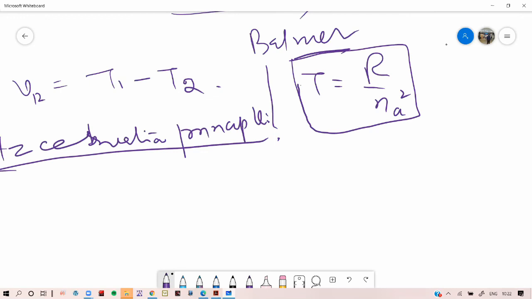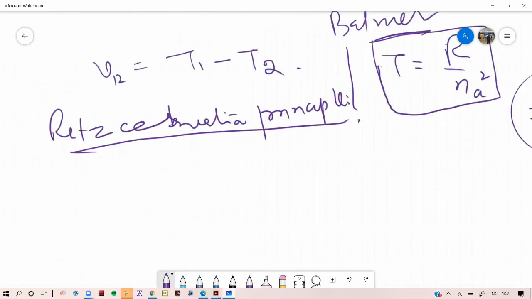This is called a term, T equal to R by Na squared. R is the Rydberg constant. Na is the index for a particular line. For the first line there was no Nb, since Nb tends to infinity, so that 1 by Nb becomes 0 in the above expression, in Balmer's expression.